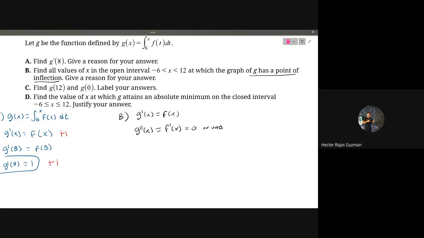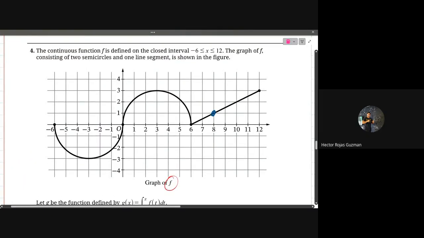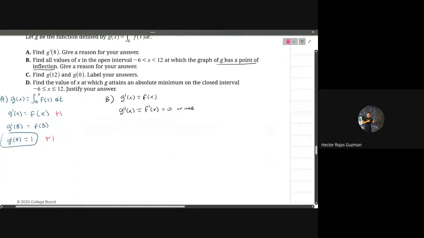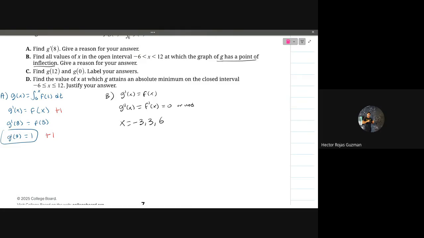So, when does f prime equal 0? Since this is the graph of f, I got to look at the slope. So I have a point here, and I have a point here. In addition to that, this point makes the derivative undefined. F prime is undefined. So there's 3 answers. At x equals -3, 3, and 6.